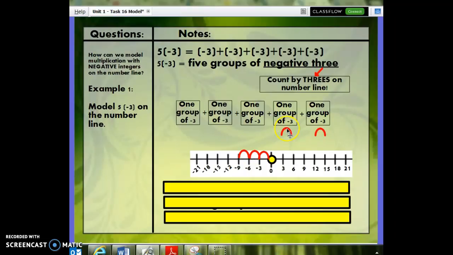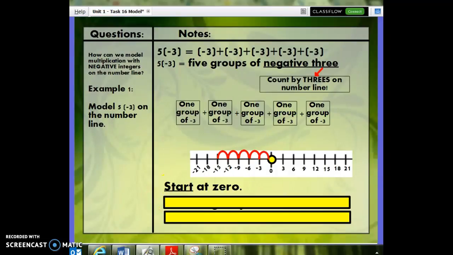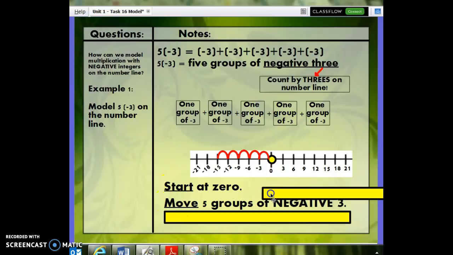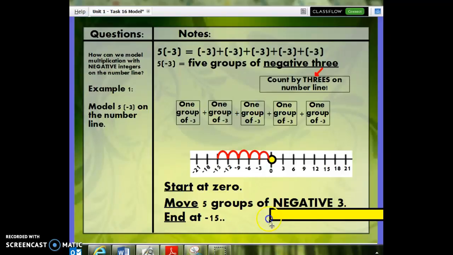So we are always going in the negative direction on the number line. And we end at negative 15. So to review, you still start at 0, but in this case, we're going to move 5 groups of negative 3, which means we go to the left, and we end at negative 15.